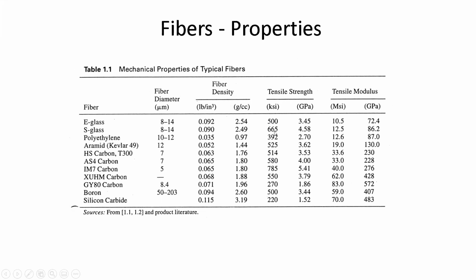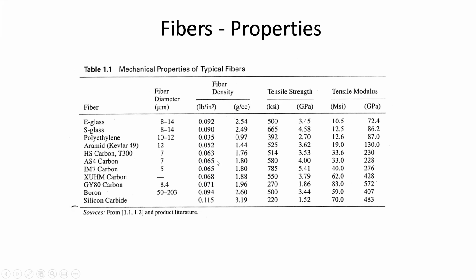It's less, but it's not that off. You also have the fiber density. You can see how the carbon has much lower density than the glass systems. Now the silicon carbide here has very, very high density, so it's heavier by twice than carbon, for example, which makes sense.